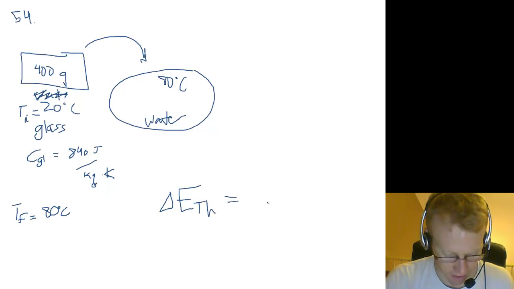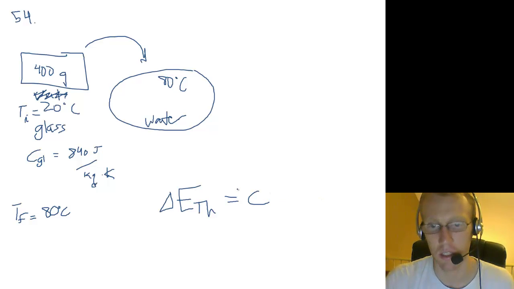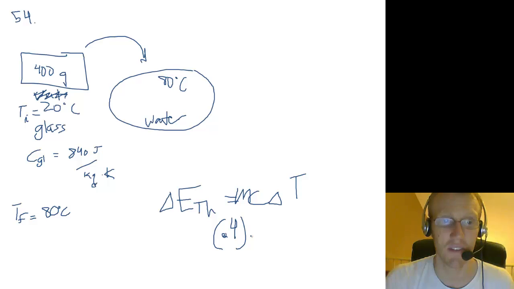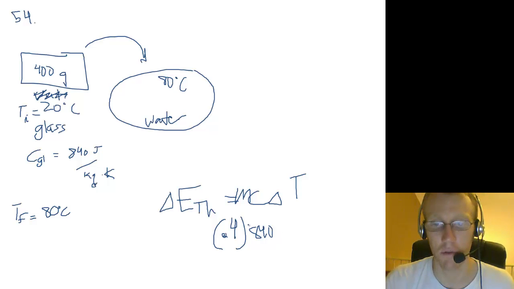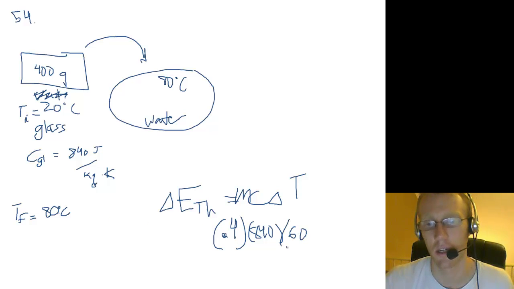So this one is actually kind of easy because we have our formula. So mc delta T. We know the mass of the cup is 400, which we should put as 0.4 kilograms. Specific heat, we just looked that up in the table on page 318. So that's 840. And the change in temperature, if we went from 20 up to 80, that's a change of 60. If you check your units here, you've got kilograms.